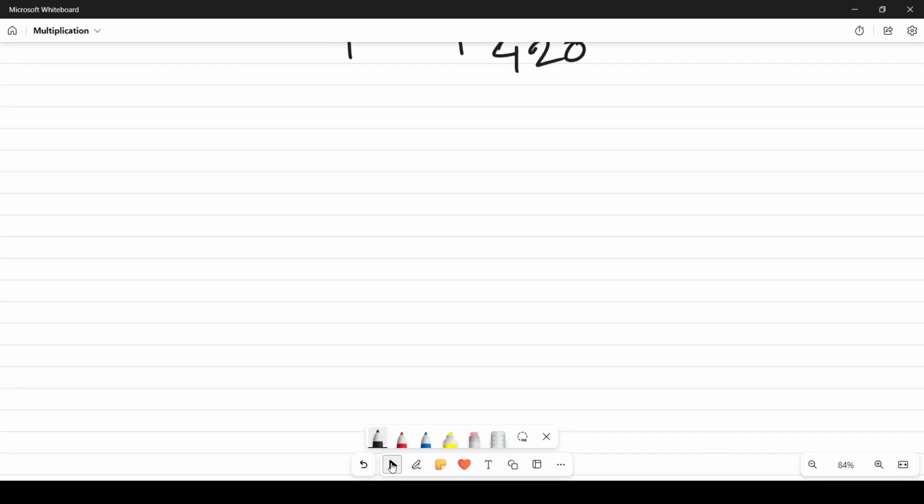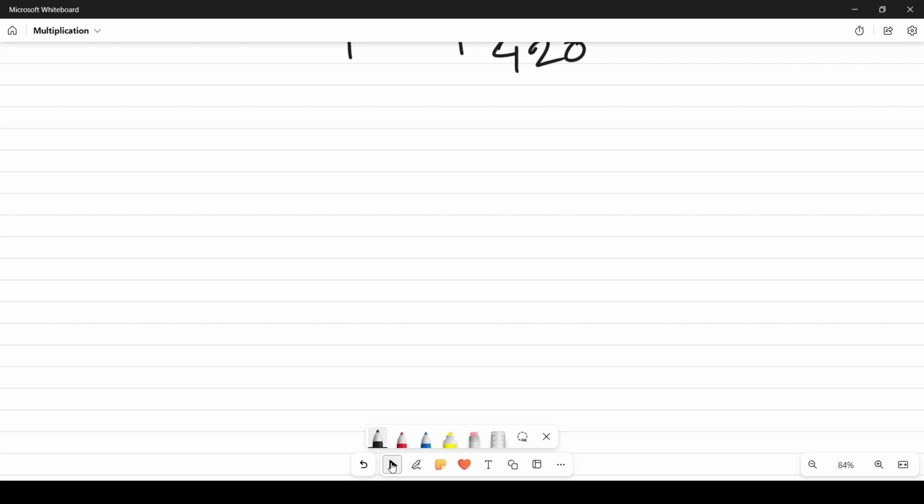Now let's discuss the second method, which is the column method. In the column method, we do the same thing, but in the split method, we have done the entire process from top to bottom, right?